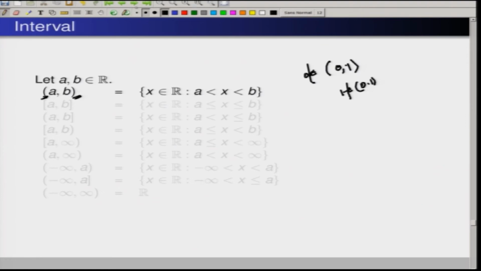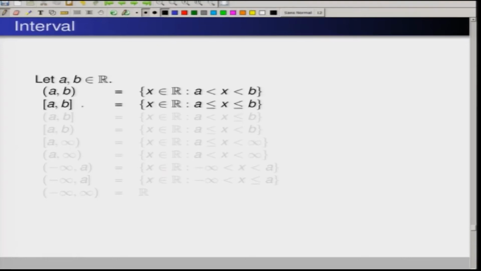Now, we define A closed, B closed. We say [A, B] if all the numbers lying between A and B are there, as well as A and B. Then we call it A open, B closed, that means all numbers between A and B, A is not included but B is included.